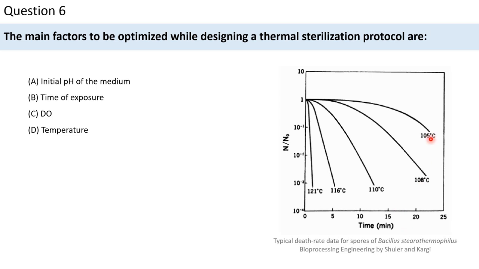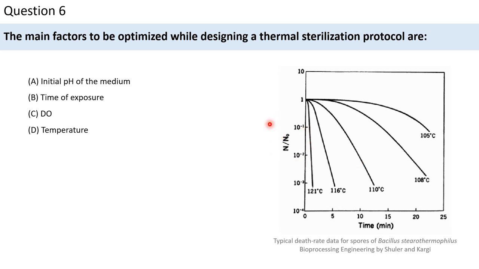Okay, so when they change temperature, like 105 degrees Celsius for almost 25 minutes and 121 degrees Celsius for almost 2 minutes, all these are completely dependent on what? The temperature as well as time, right? These two are going to determine how much sterilization is going to happen, how many cells are left as viable at the end of sterilization, right? So what can be the answer for the question based on the thermal death curve?